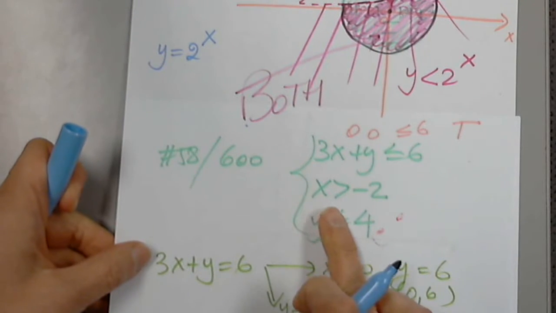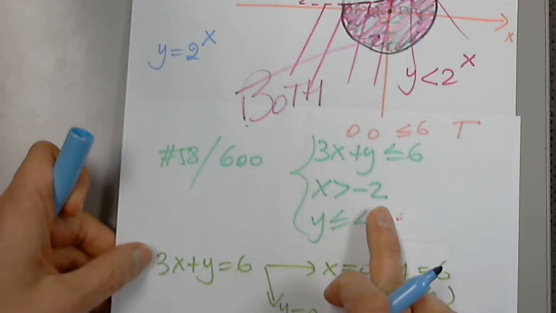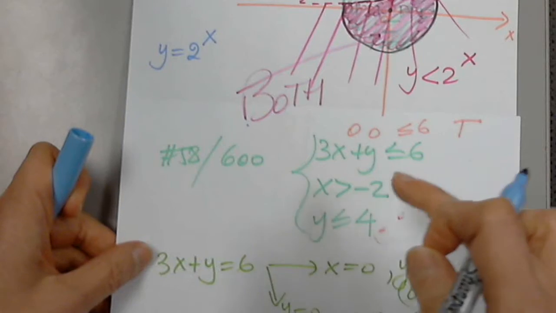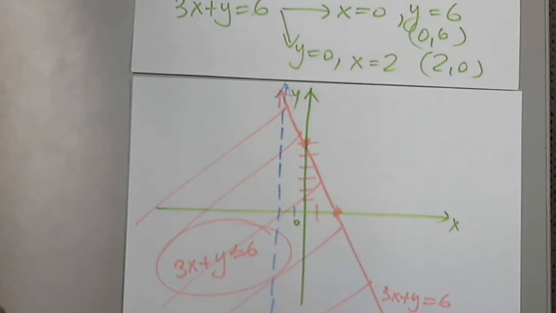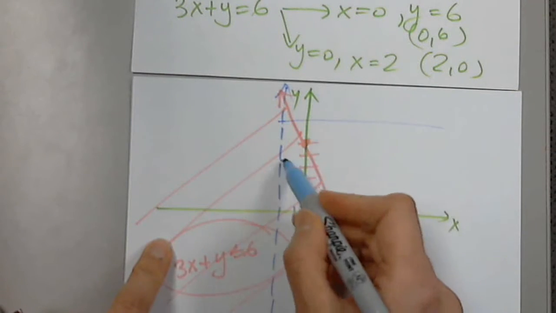There is no need when we have only one variable to plug in any point. I just have to think. x greater than -2. Which way am I going? Am I going to your right or am I going to your left? Of course, to your right.